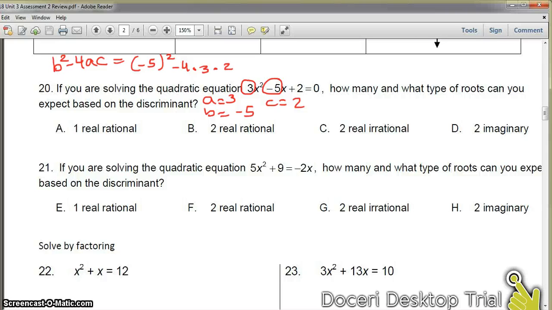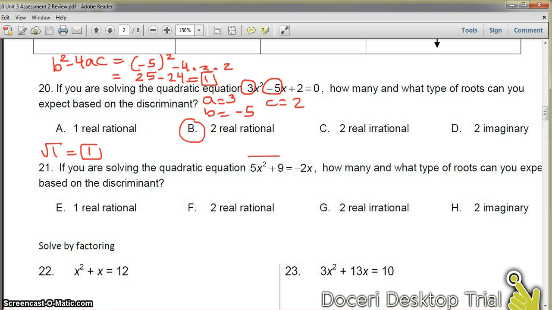I don't really care if they are in parentheses because they are all positive. Now -5 squared is 25, minus 4 times 3 times 2 is 24. So 25 minus 24 is going to be 1. The discriminant is 1, which is a positive number, and the square root of 1 is 1, so it's a perfect square. According to the chart, I have 2 real and rational roots.